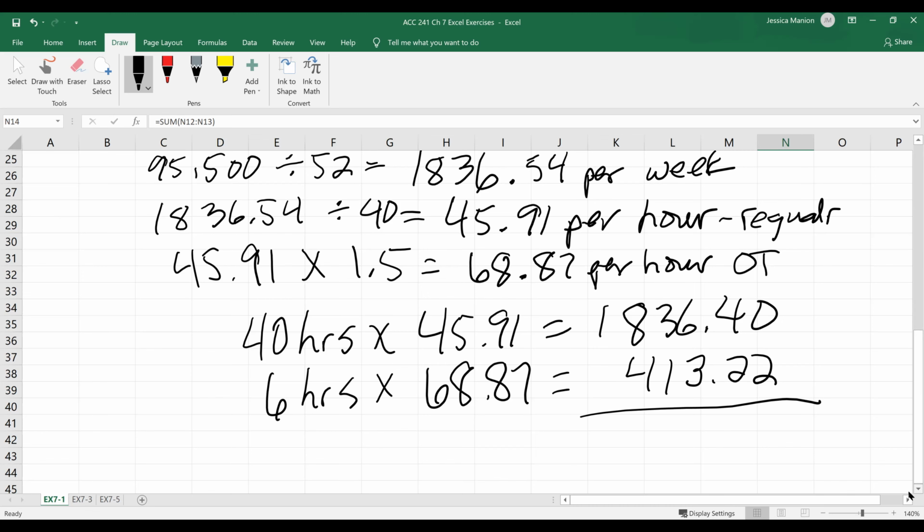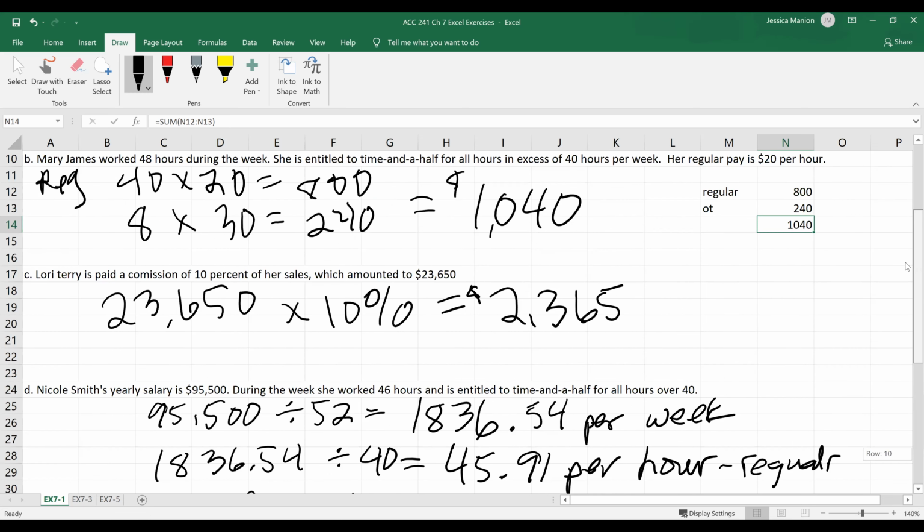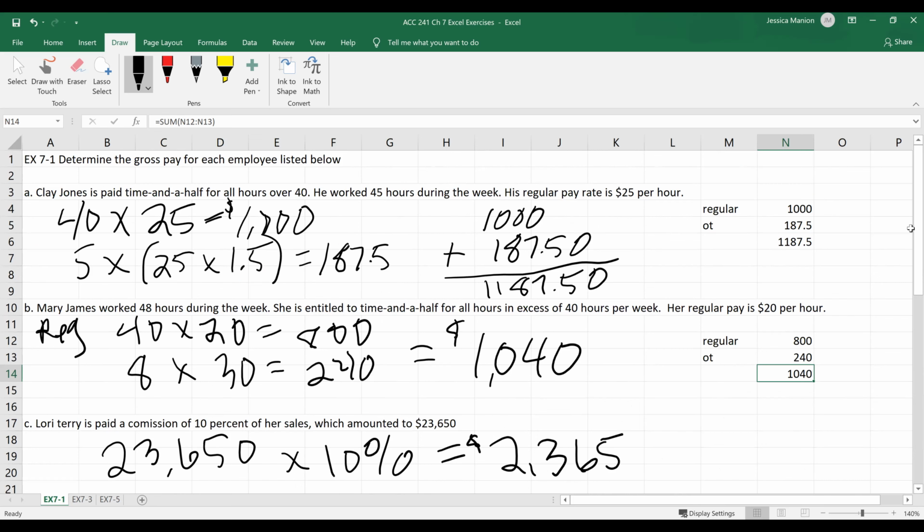And then lastly, 1836.4 plus 413.22. 2249.62 is how we would calculate her gross pay. So a few more steps on that one because she's salaried. We got to break it down, but the calculations aren't difficult. Anyway, we will continue this when we meet together in class.